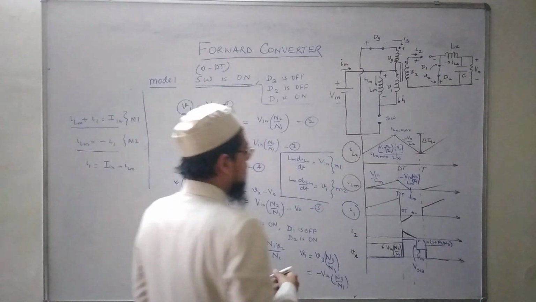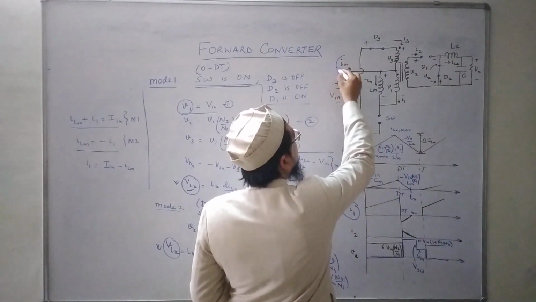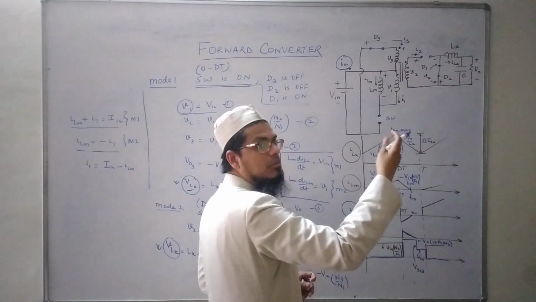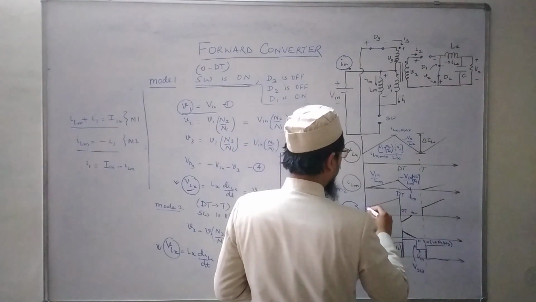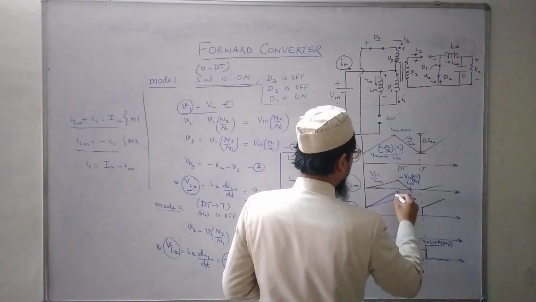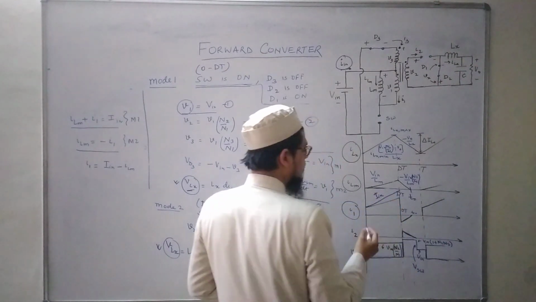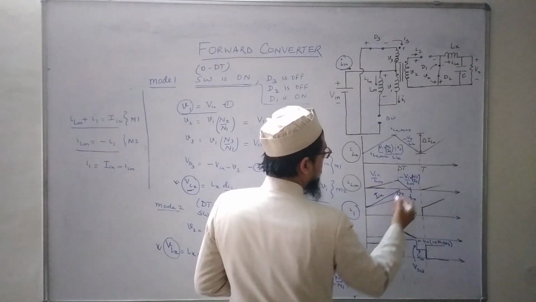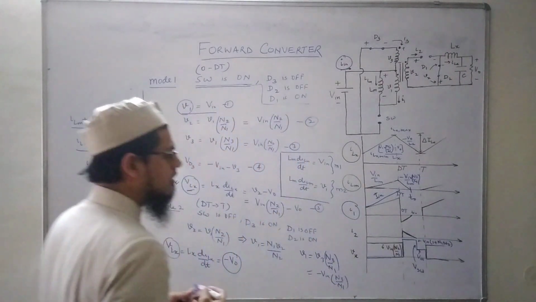So such type of waveform would be flowing as the input current also, because the current in the secondary of the transformer is basically a reflection of what is flowing in the primary. So I in is something like this. And if I subtract from this ILM, I will get this type of waveform, which is I1.